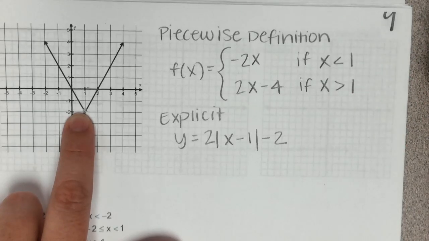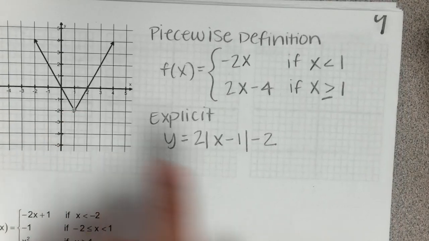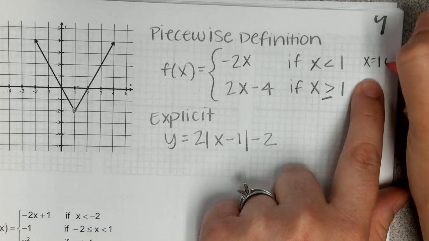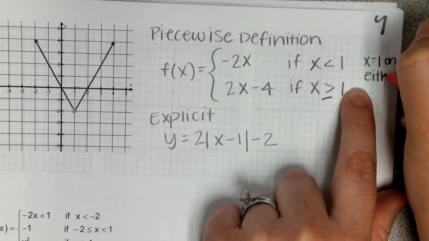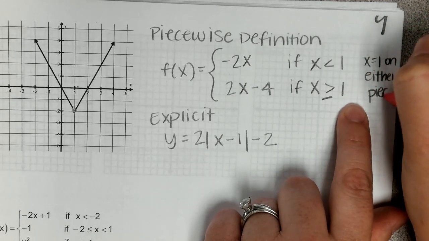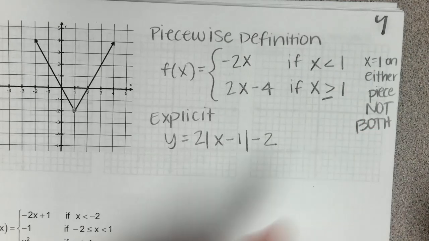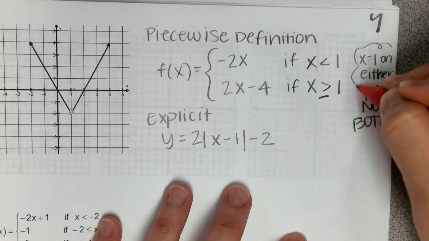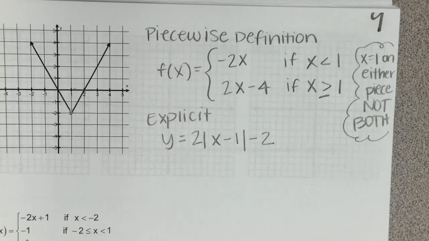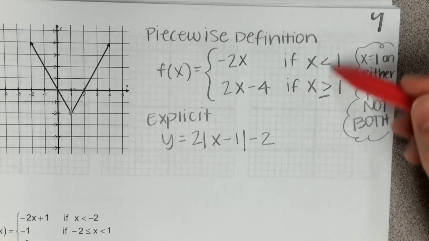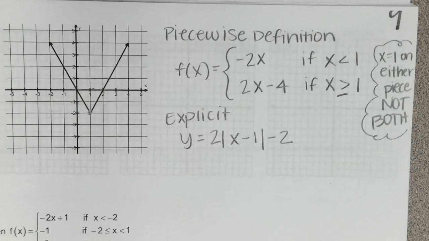You just cannot pick both. If you want to make yourself a note, x can equal 1 on either piece, but not both. I will take points off your quiz and your test if you include it on both of those. Okay, questions on writing the definition?